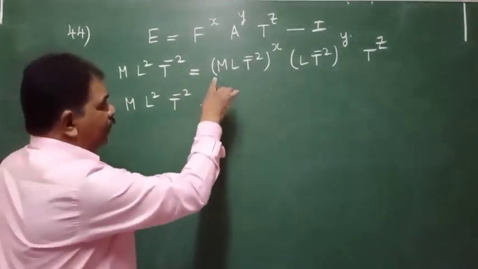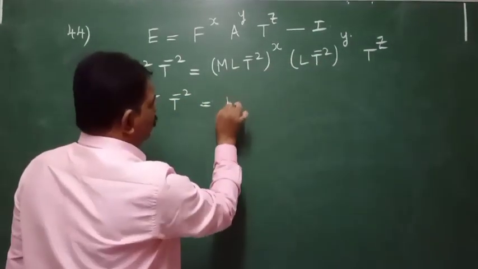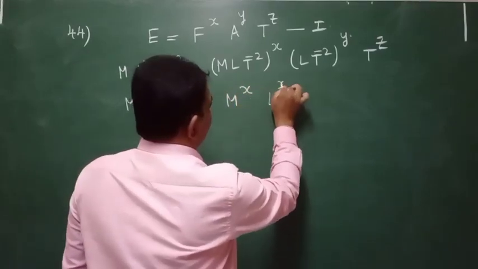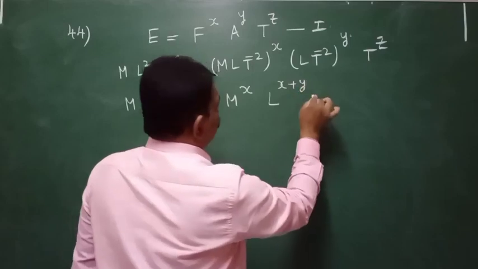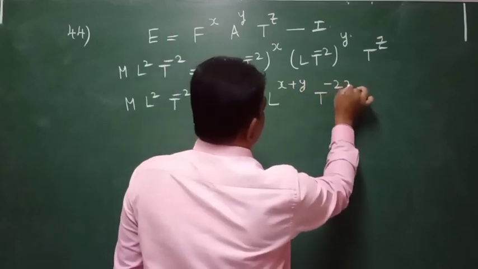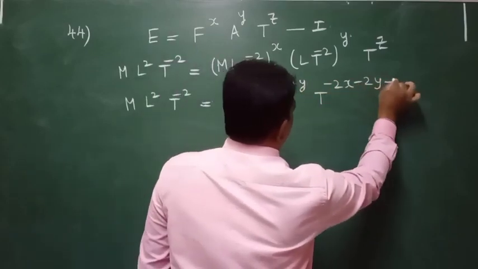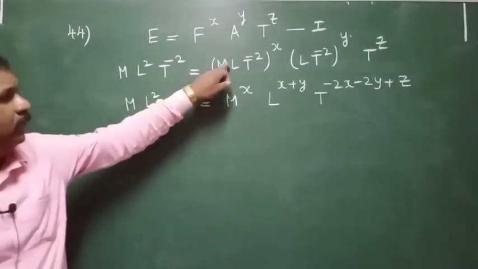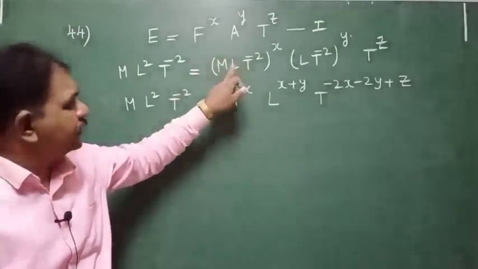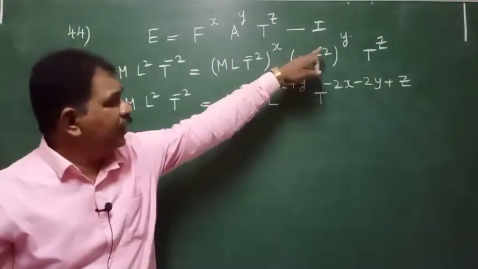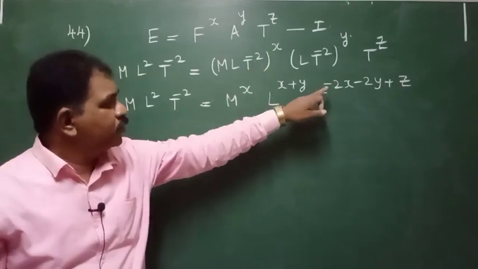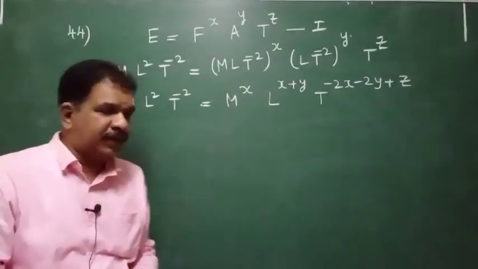Here only one M is there. So M power x, L power x plus y, T power minus 2x minus 2y plus z.